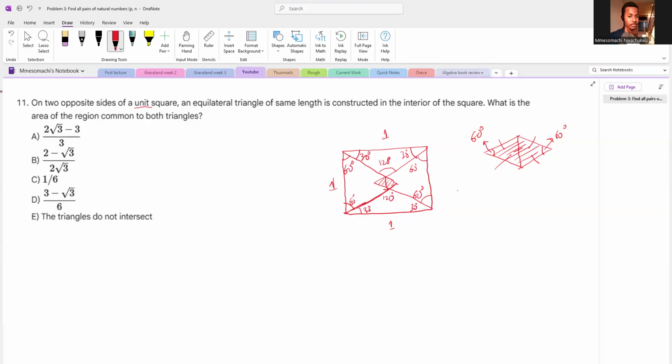If we can find the height of this triangle, the height from the vertex where the 120 degrees is, then that will help us find the length of this diagonal.